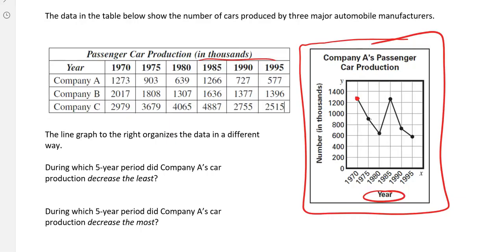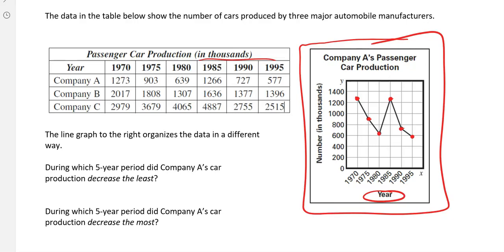So, and then we keep adding different data points for the different years. So 1985 was 1266, so a little above that there. Down in 1990, the production decreased to 727,000 and then 577,000. So they're making less cars.